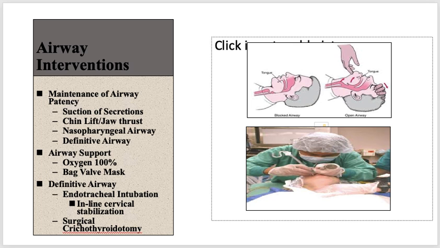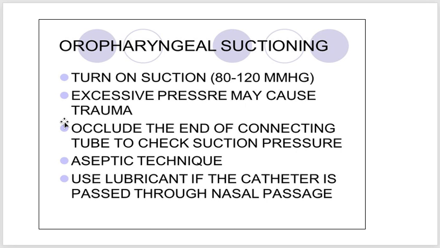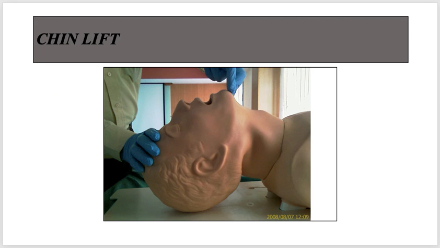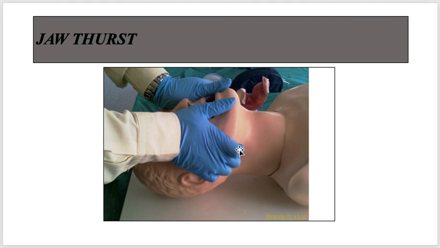So now what you will see is, this is the chin lift method to maintain the airway. But if someone has a cervical injury, then you can go for a jaw thrust. In jaw thrust, they bring the jaw forward. When they bring the jaw forward, it opens the airway. So this is what I wanted to show you.